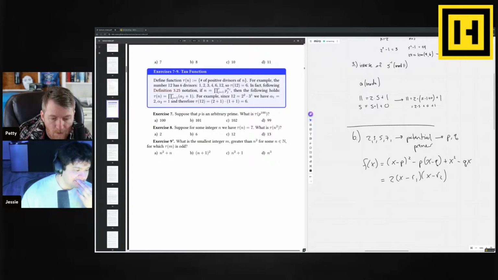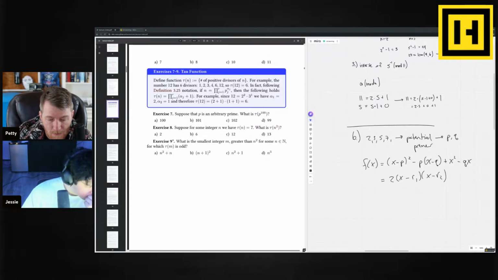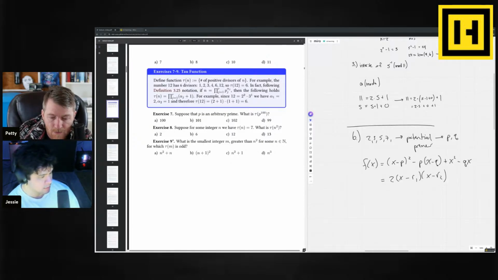And therefore, tau of 12 is equal to 2 plus 1 times 1 plus 1 equals 6. So I guess you can decompose these things into their constituent divisors. That's interesting.